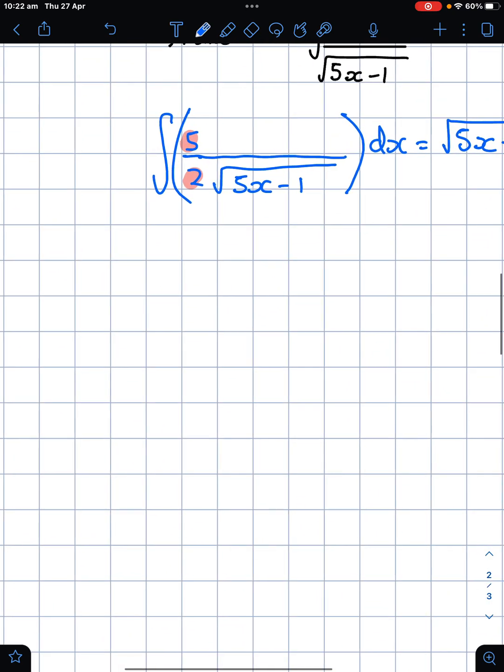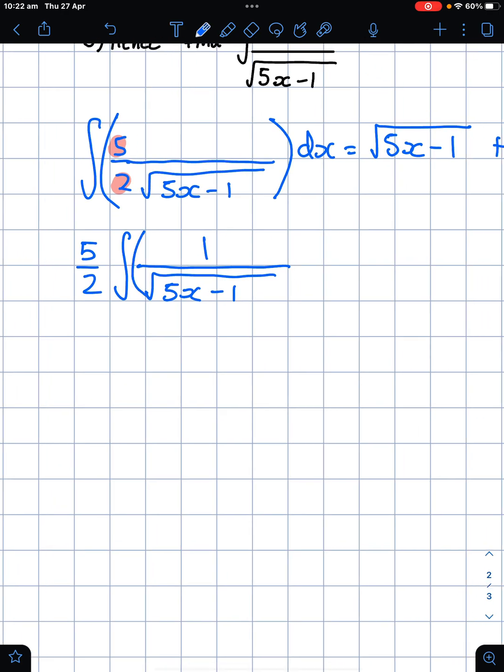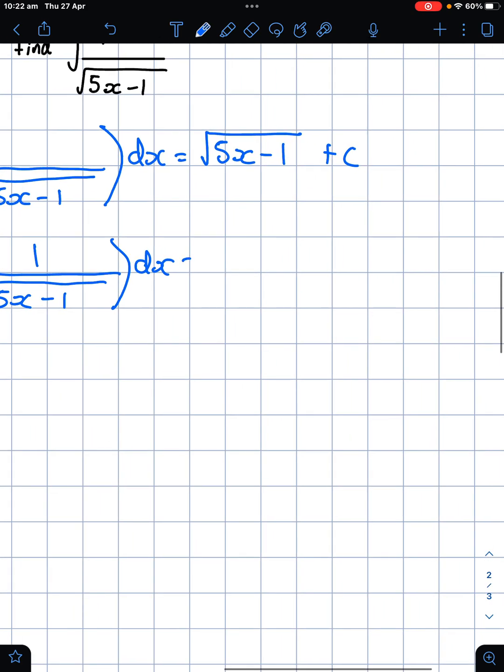So same with that rule before, if we have a constant, we can pull it out the front. So if I pull this out the front, I'm going to get 5 on 2 integral, and it's going to end up being 1 over square root 5x take 1 dx, and that equals square root 5x take 1 plus c.